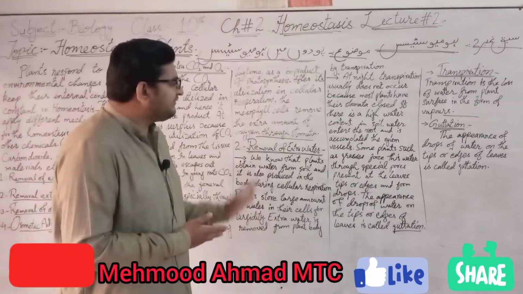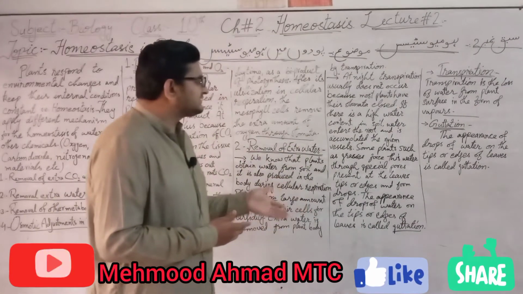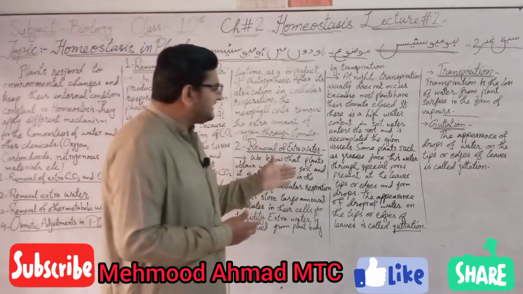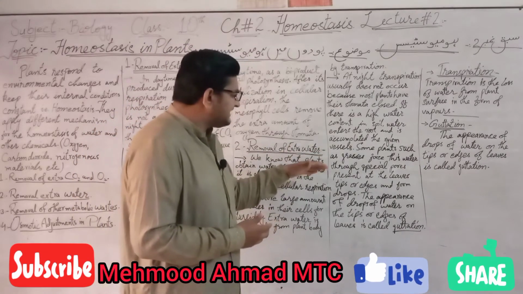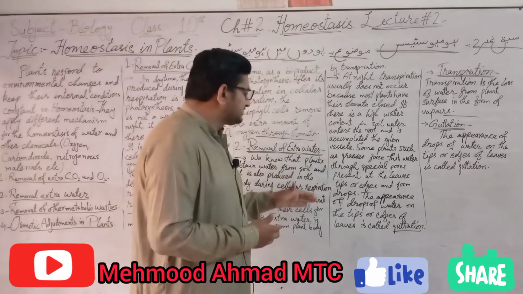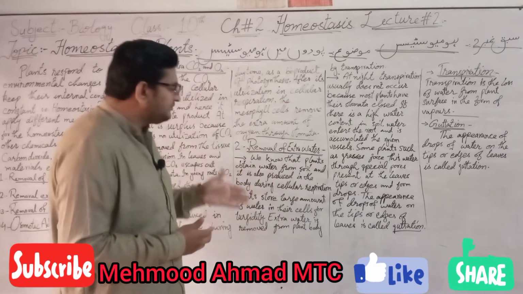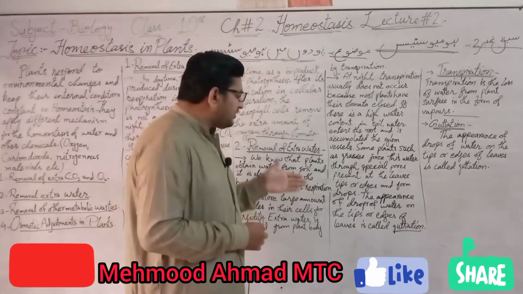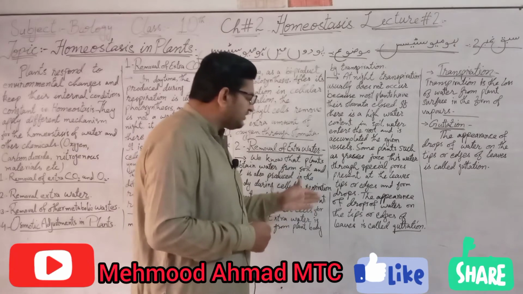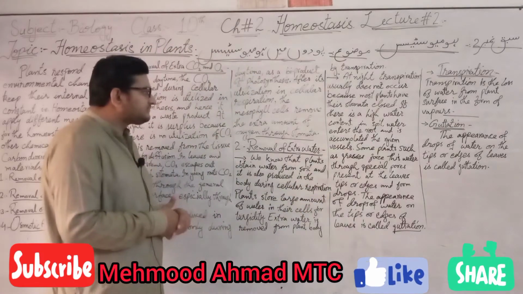If there is a high water content in soil, water enters the root and is accumulated in the xylem vessels. Some plants such as grasses force this water through special pores present at the leaf tips or edges and form drops. The appearance of drops of water on the tips or edges of leaves is called guttation.